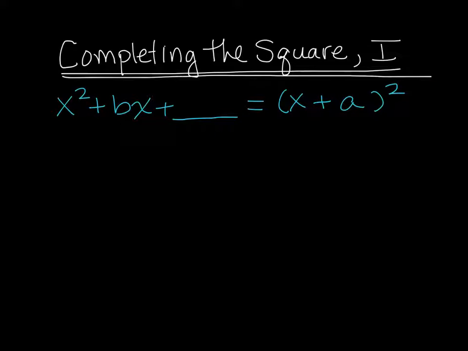And so we're going to work backwards. This is (x plus a) times (x plus a), not squared, excuse me, just x plus a times x plus a, that's what exponentiation means.